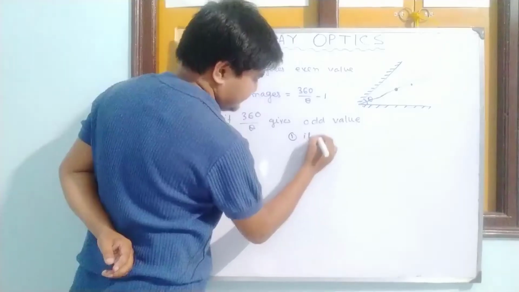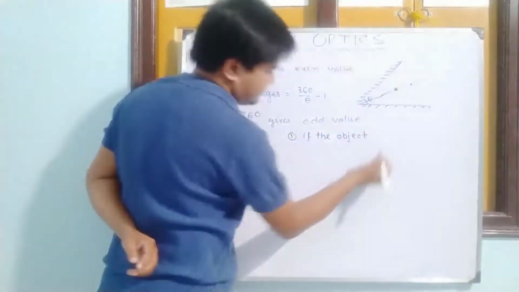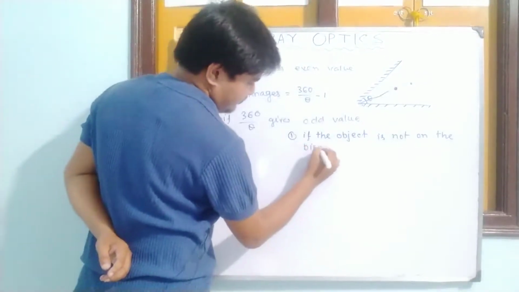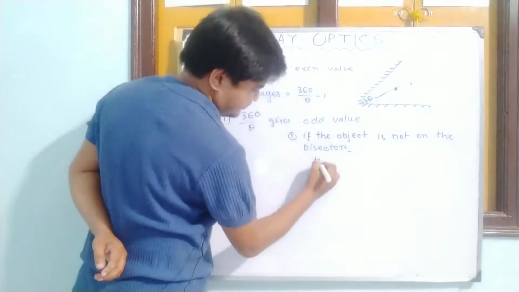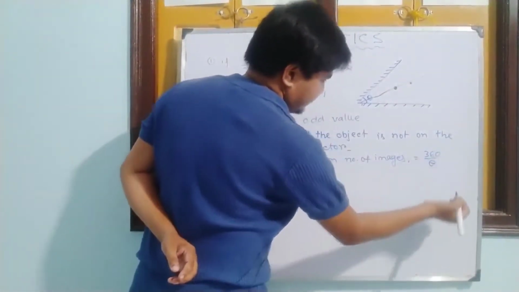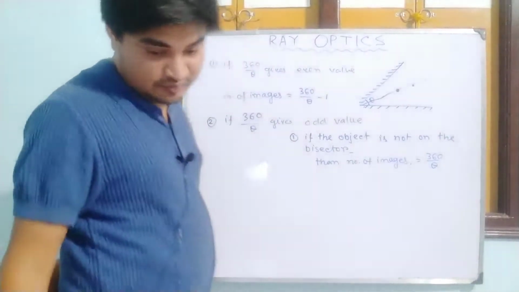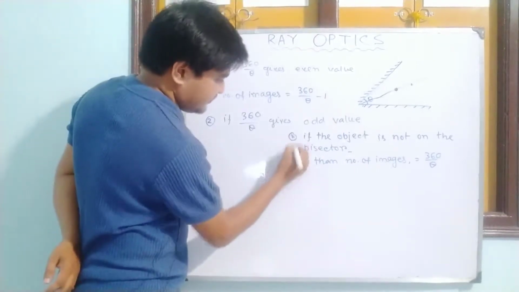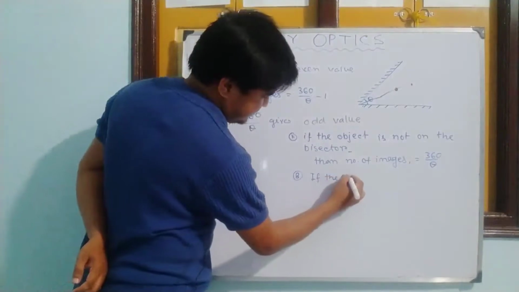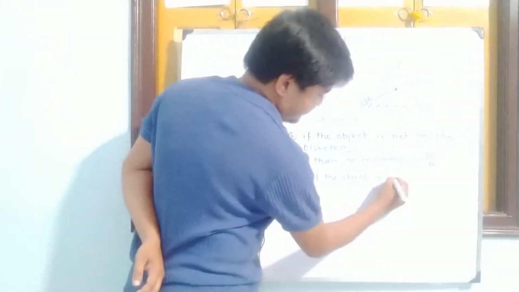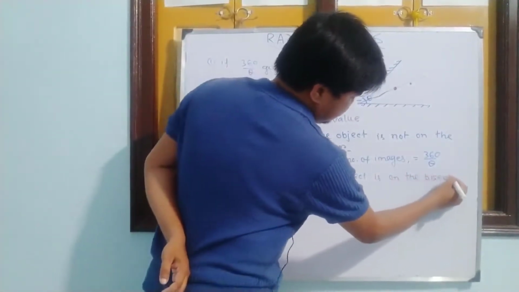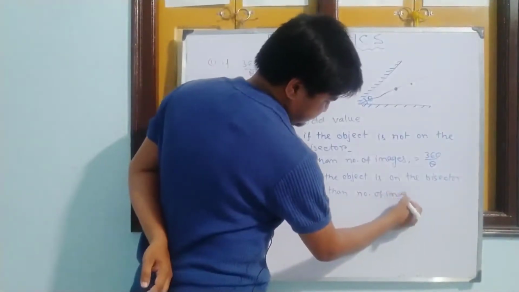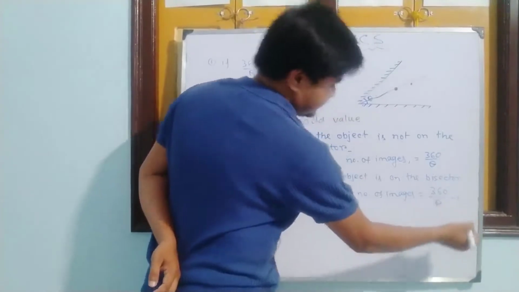First condition states that if the object is not on the bisector, the number of images is 360 by theta, and if the object is on the bisector, then the number of images is 360 by theta minus 1.